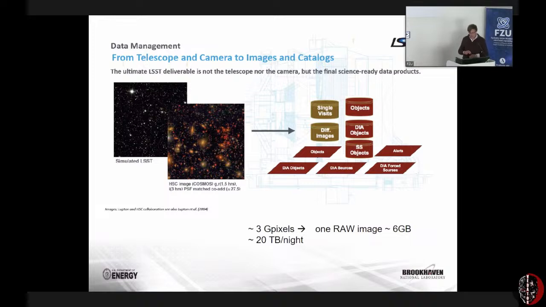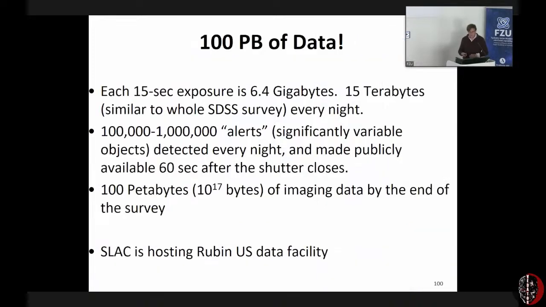It will be of the order of 10 to 20 terabytes per night. So over 10 years, it will be 100 petabytes of data, and 15 terabytes every night is an order of magnitude more than previous surveys.